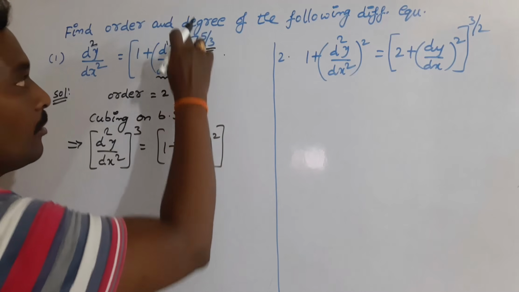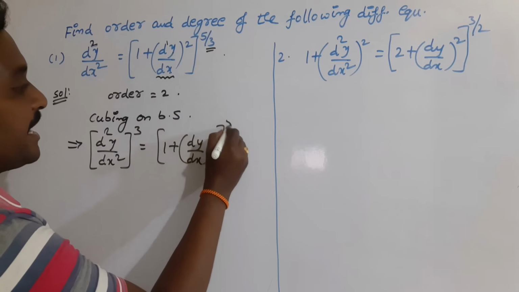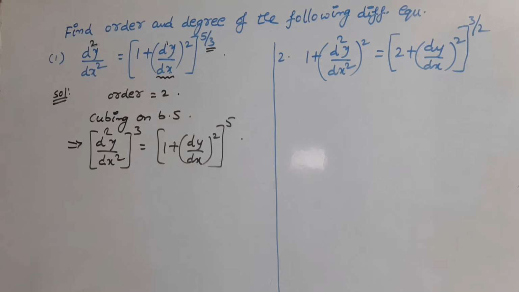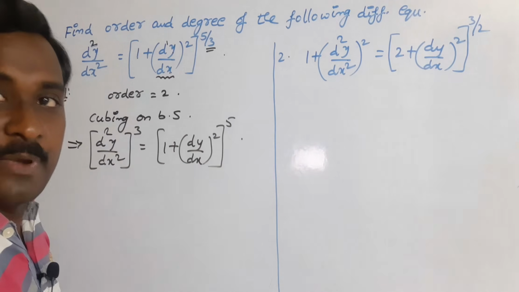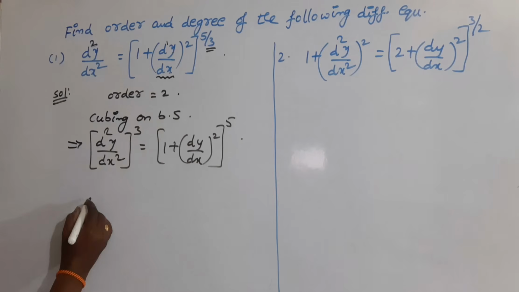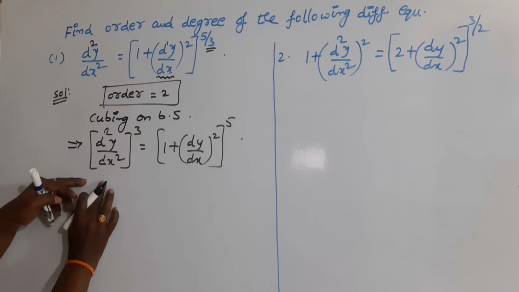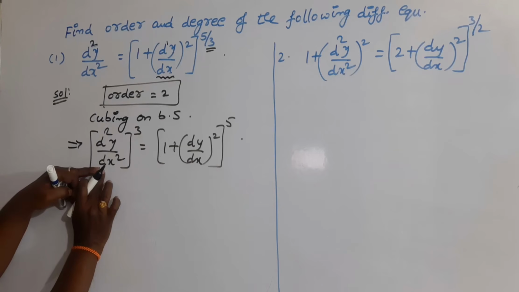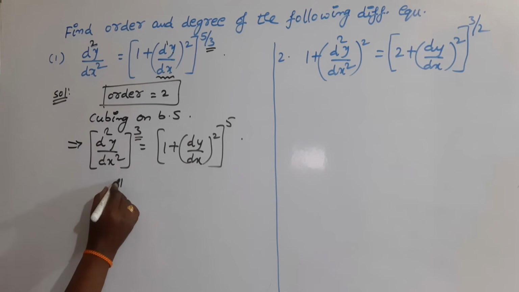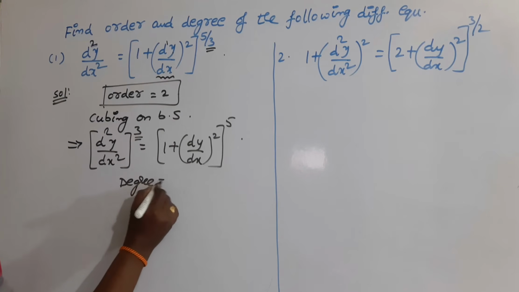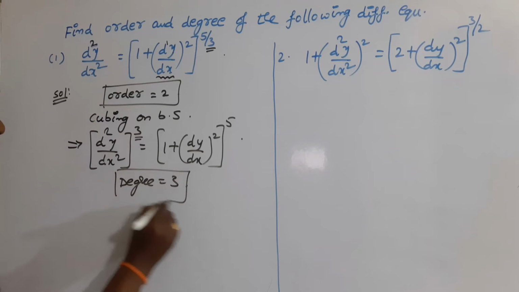So 3 by 3 getting cancelled. So you will get simply whole power 5. Now derivatives are free from radicals and powers. Okay. So you can decide the degree now. What is meant by degree? Power of the highest derivative. This is the highest derivative. Its power is 3. That's why degree is equal to 3. Very simple.